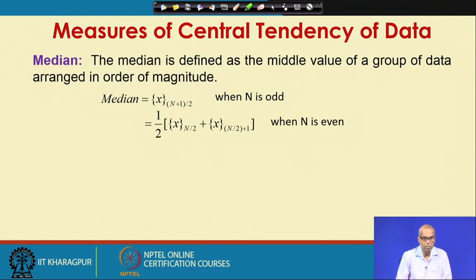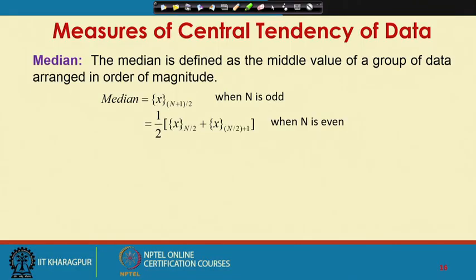Next is median. The median is defined as the middle value of a group of data arranged in order of magnitude. So, you have a set of data. Let us say you have taken a pressure measuring instrument and you have measured a given pressure several times.